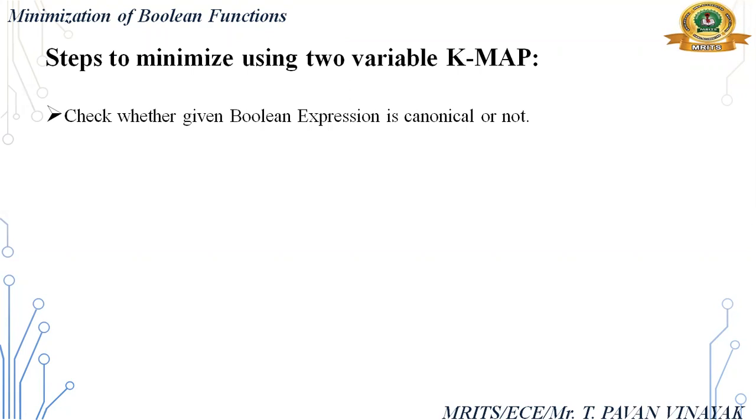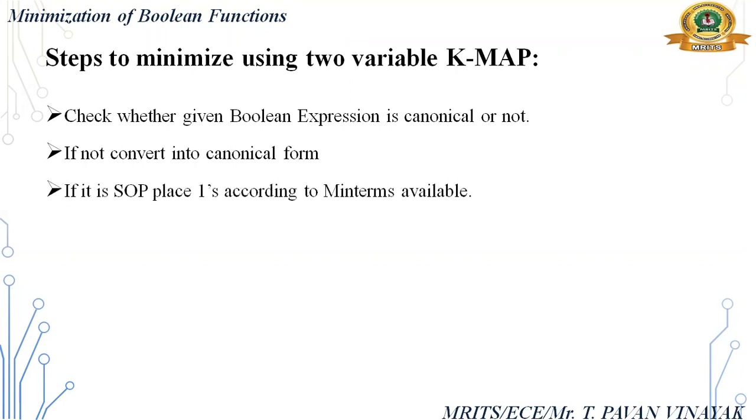Okay, if not, convert into canonical form. If sigma is given, place 1 according to given minterms. Okay, place 1 in K map. If POS is given, means pi function is given, place zeros according to the given max terms in K map.